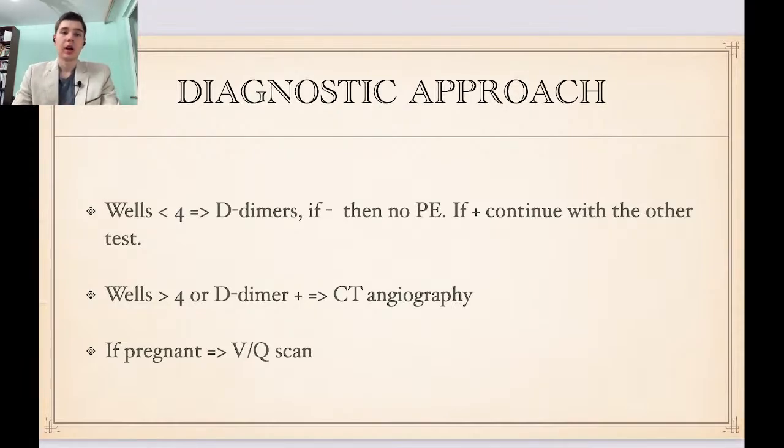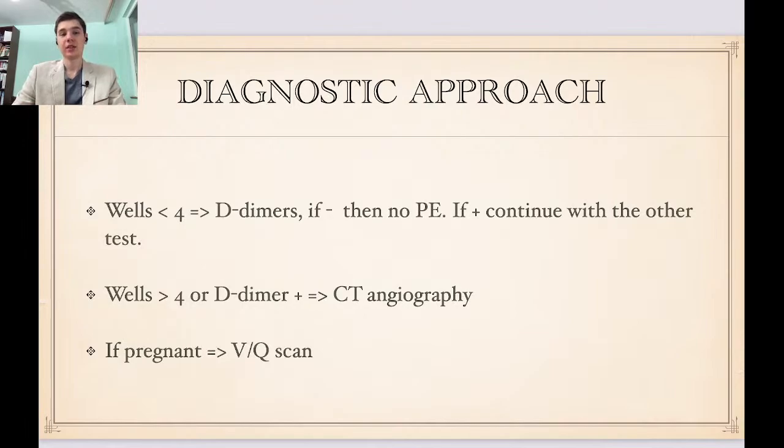Now, how do we approach the diagnostic? If the Wells criteria is less than 4, we go for D-dimers. If it's negative, then we exclude pulmonary embolism. If it's positive, we continue with the other test.